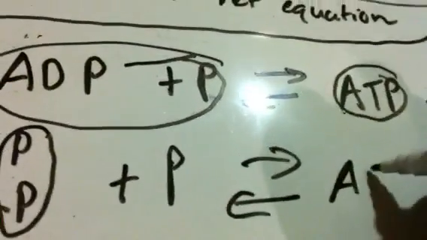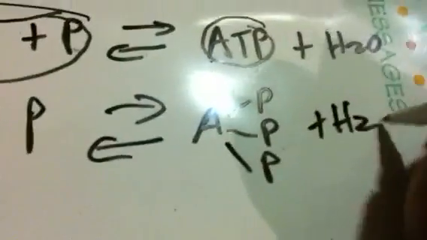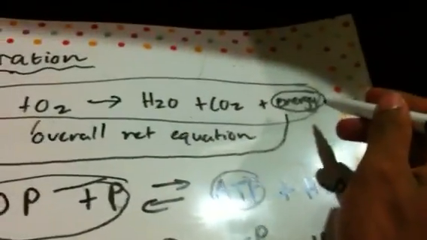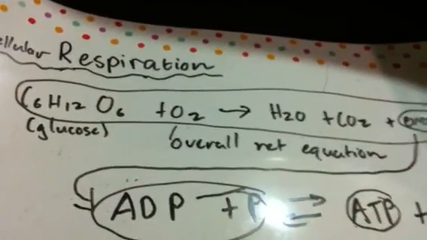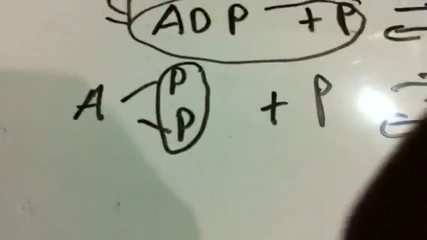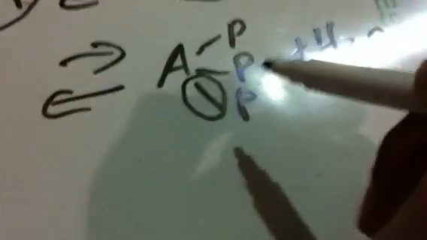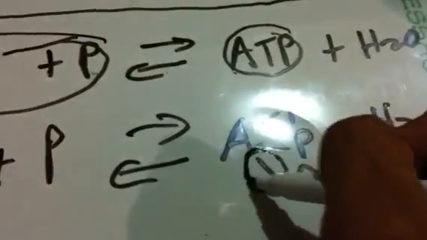So we get ATP, where A stands for adenosine, plus 3 phosphates, and of course our H2O. So the energy from cellular respiration has gone in to this bond here, helping manufacture ATP by bonding this P to this ADP molecule, and then we get ATP with the energy from respiration stored in the bonds.